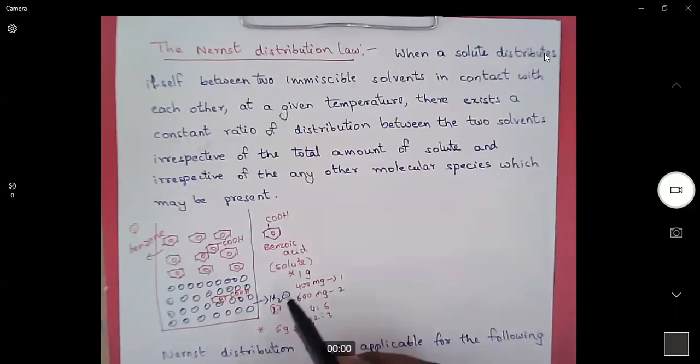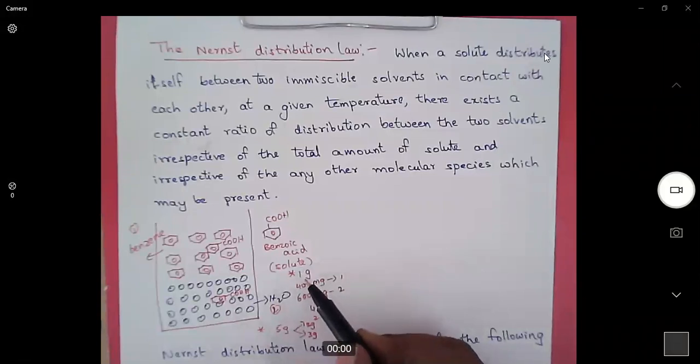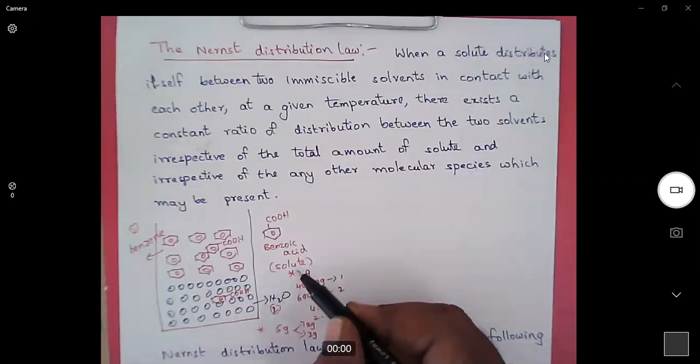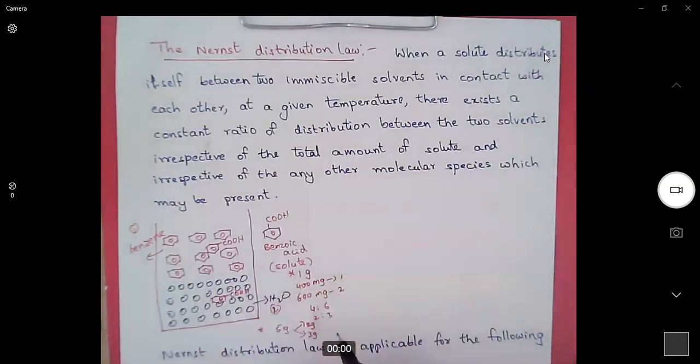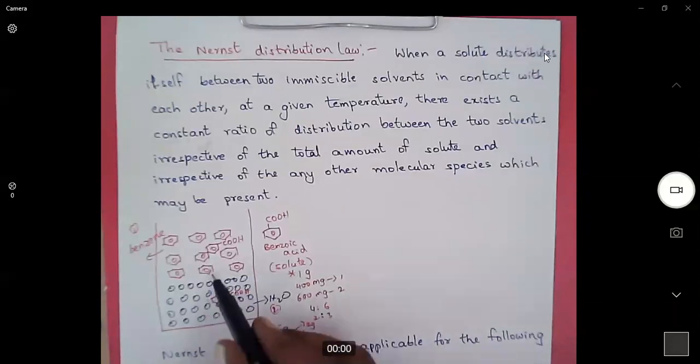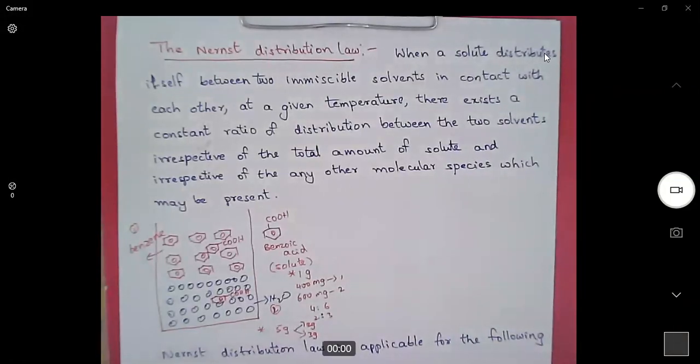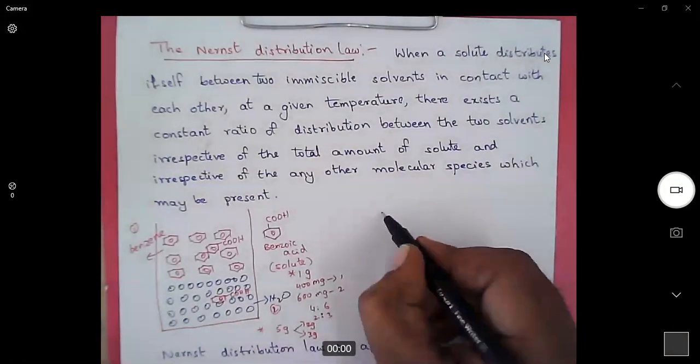So irrespective of the amount of solute, whether we add 1 gram or 2 grams or 3 grams, the solute will distribute with a constant ratio. Here it is 2:3. So the solute will distribute between the two immiscible liquids with a constant ratio. So this is what is called Nernst distribution law.